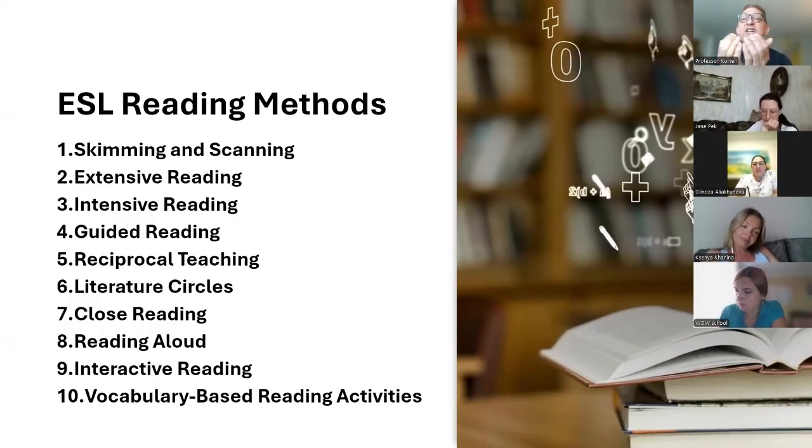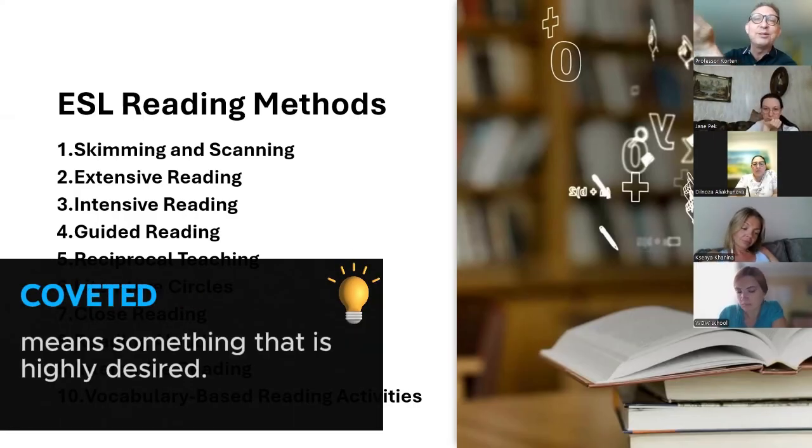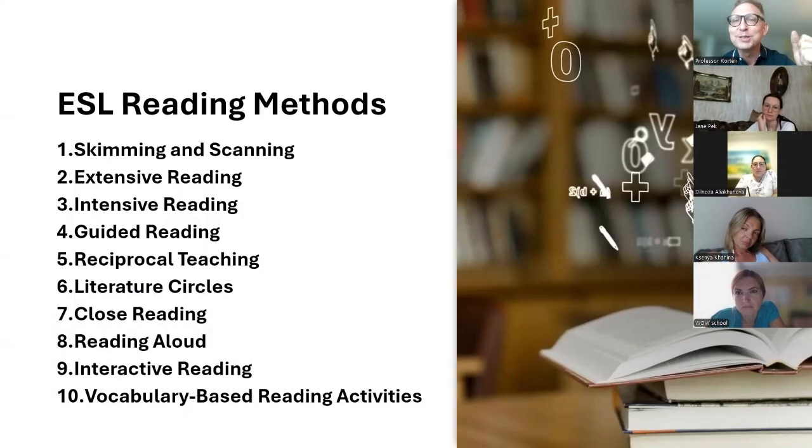This skill is coveted. Coveted means held in high esteem. This skill is coveted with every international company you ever apply for, if the job is good. If you don't like the topic, it doesn't matter. Develop the skill of reading deeply, reading for detail.